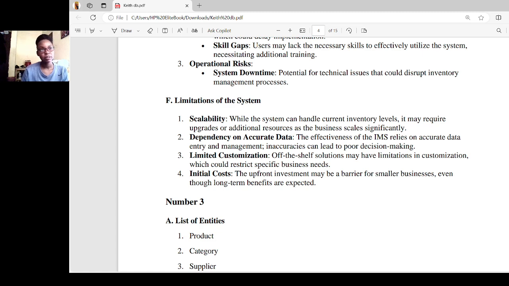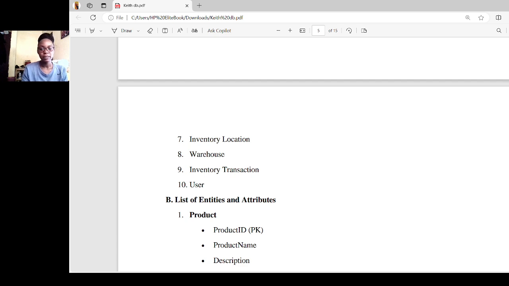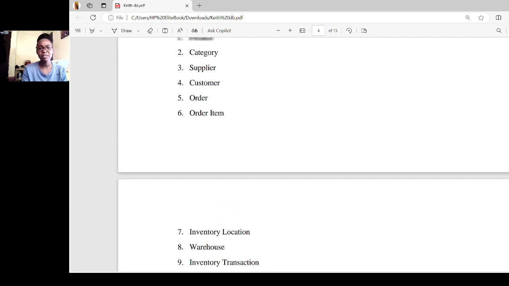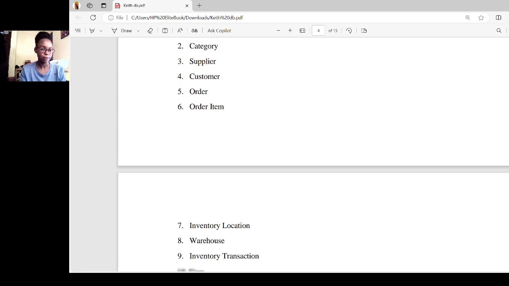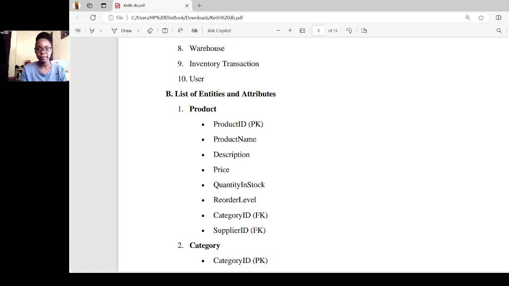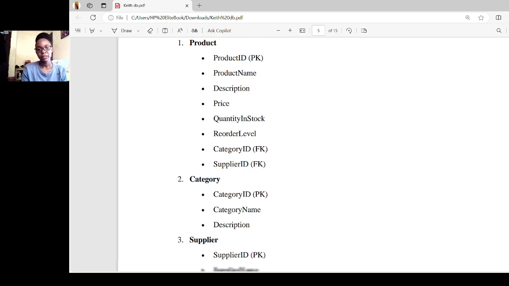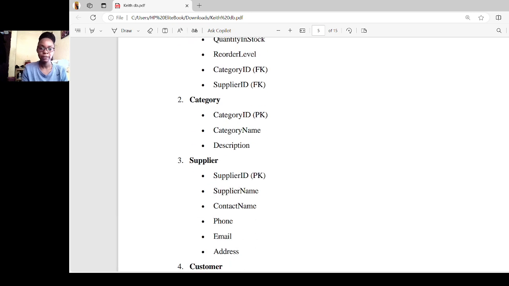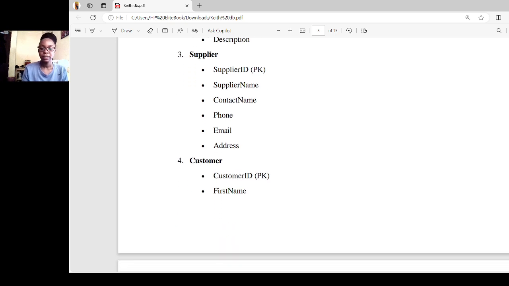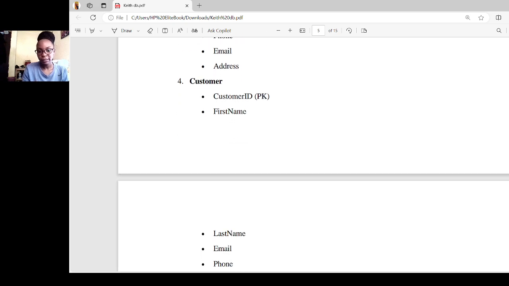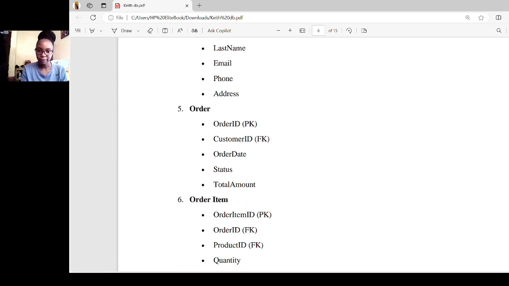Thirdly, I'm talking about the entities that will be involved in my project, in whatever I'm building. Some of the entities are order items, suppliers, category, product. So those are some of the entities. The entities are different tables in a database with their attributes, and attributes, we can call them characteristics that can identify a particular entity in a database.